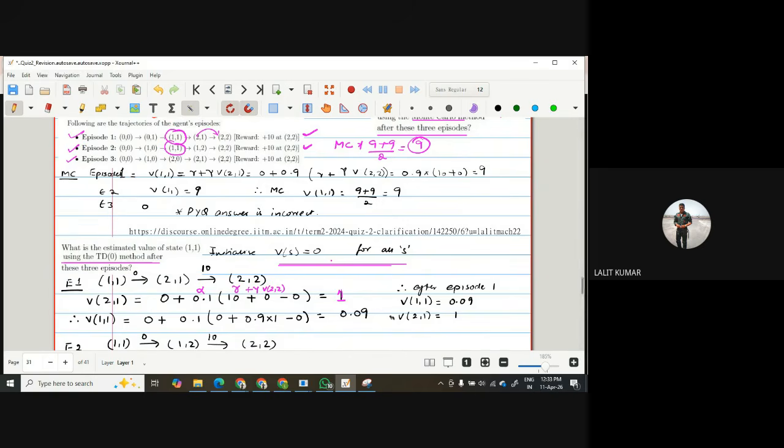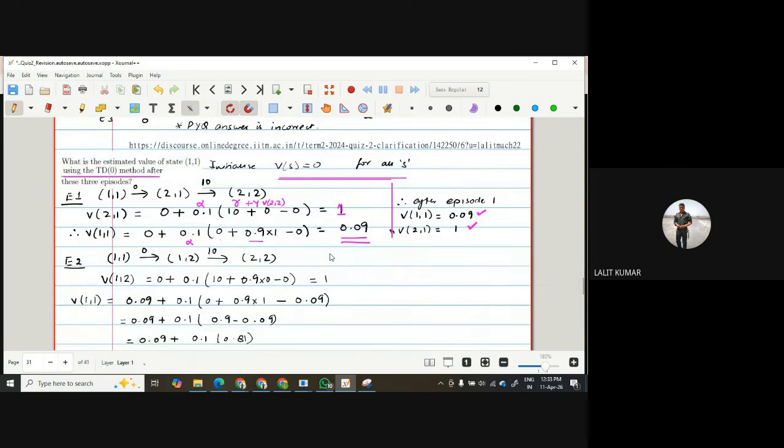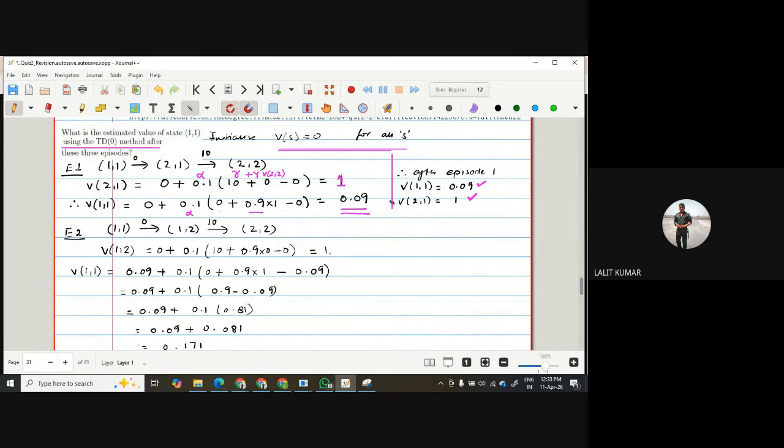With respect to this, we now calculate V(1,1). V(1,1) will be 0 plus alpha, reward is 0, gamma into V(2,1), which becomes 0.09. So after the first episode, V(1,1) is 0.09 and V(2,1) is 1. These are the values. In the second episode, we go from 1,1 to 1,2 and then to 2,2.